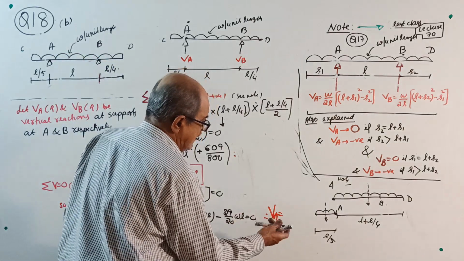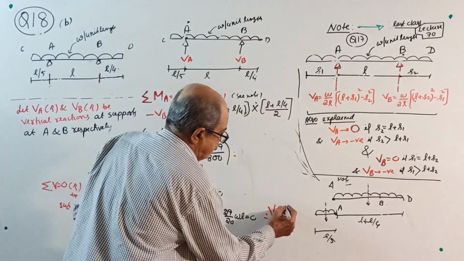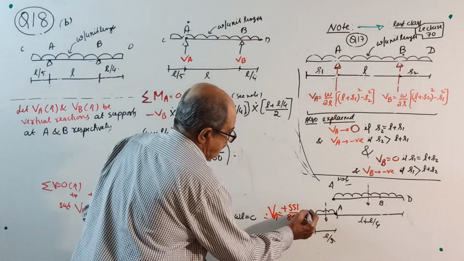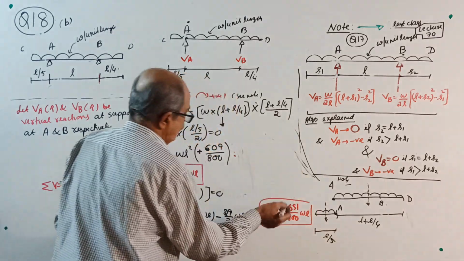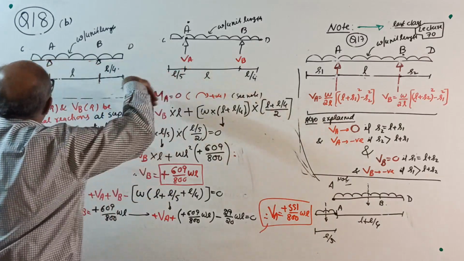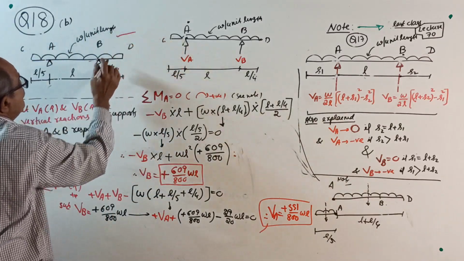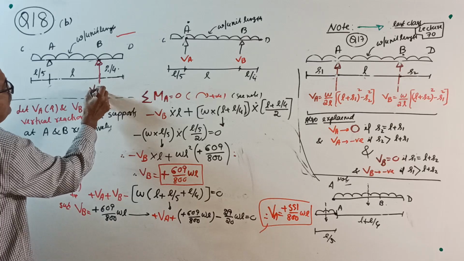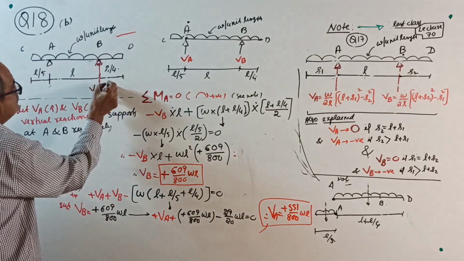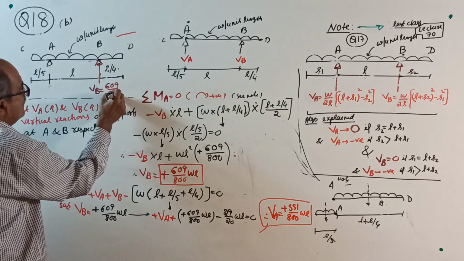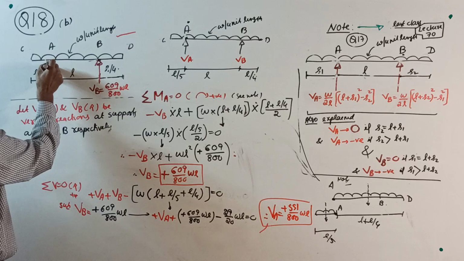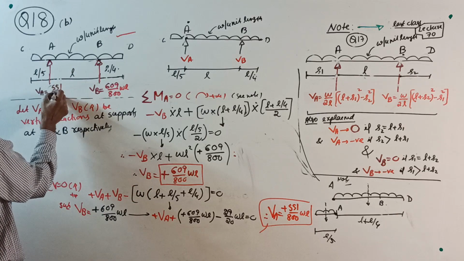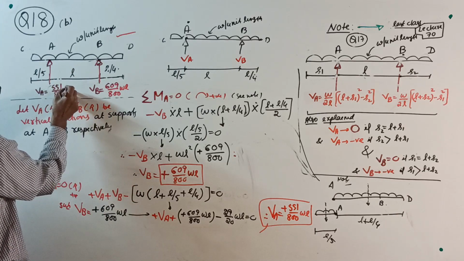So VA will be, once again that is very important, plus 551 by 800 WL is the answer. Then lastly, presentation. For the given beam, support reactions, both you got positive. Upward reaction VB of 609 by 800 WL. Upward reaction VA of 551 by 800 WL. Over.